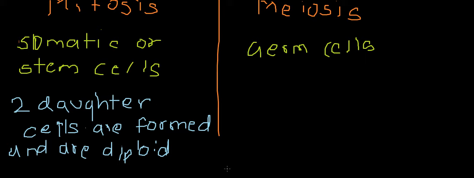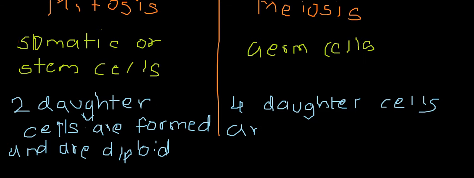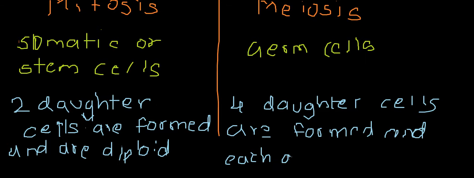But this is not the case here. Here four daughter cells are formed, and each of them is a haploid cell.